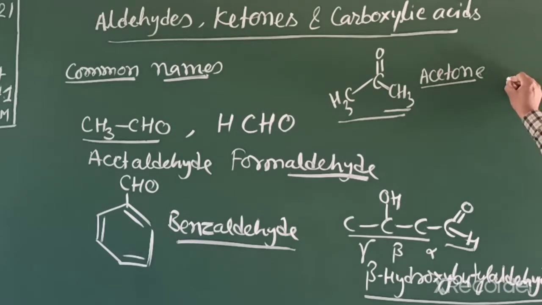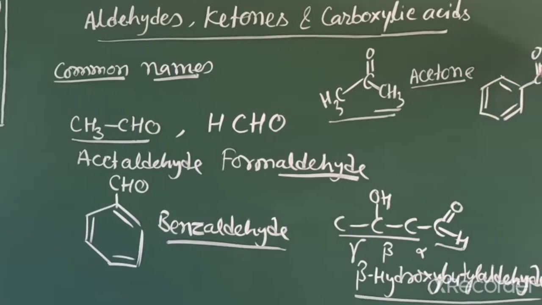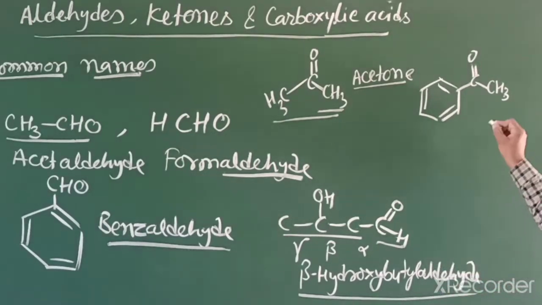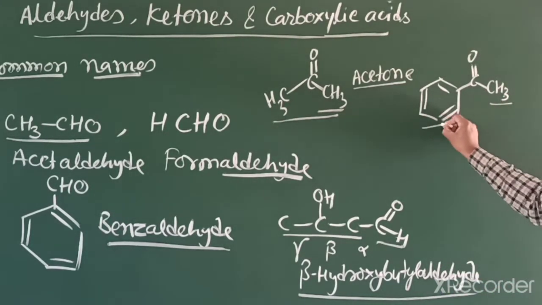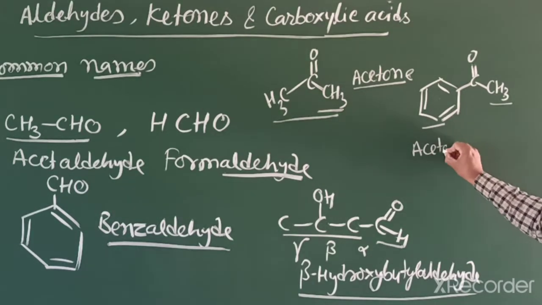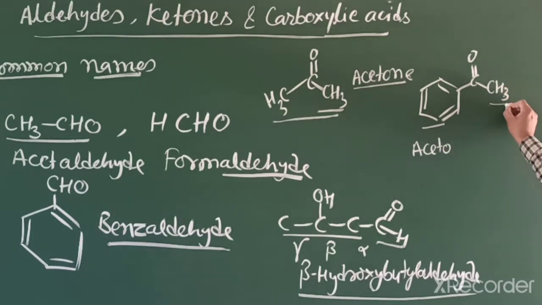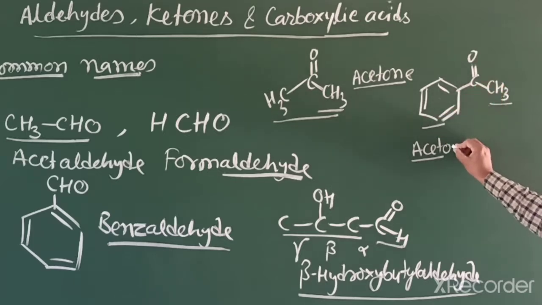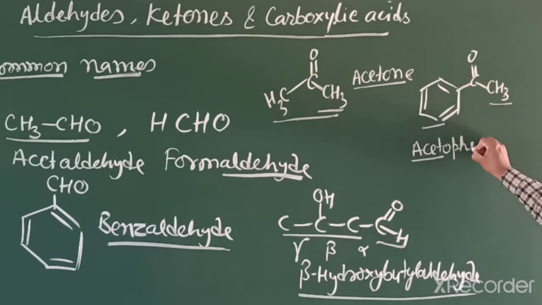Another very important compound of this type has CH3 on one side and a phenyl group on the other: acetophenone. CH3 is the acet part, and this one is phen; acetophenone is a common name.